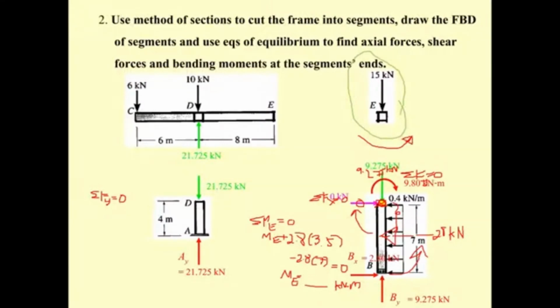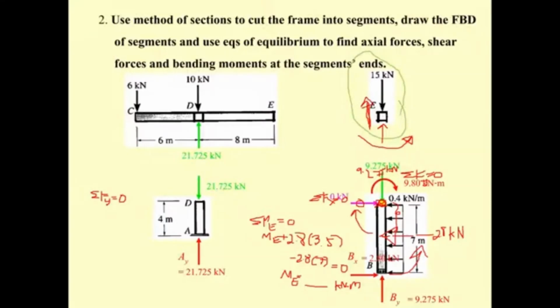That 9.275 is going to get upward, and then the shear is 0. And then what happened? This 9.275 is upward, and this one is downward. So we need to have this one to make it in balance.